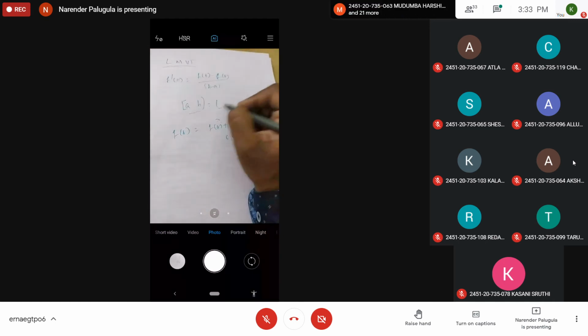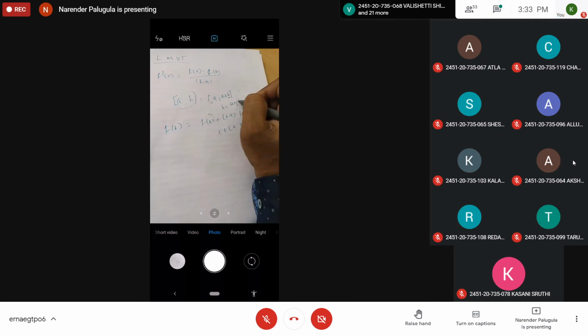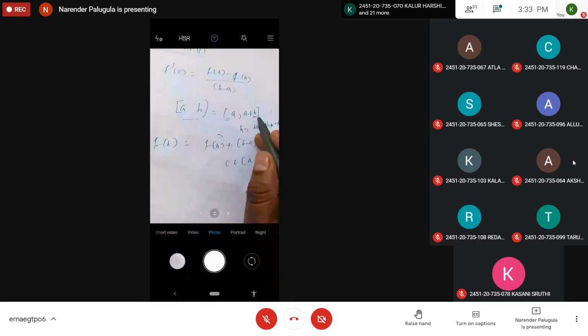We can write b as a plus h. What is this h called? h is called the length of the interval ab. So b is equal to a plus h.